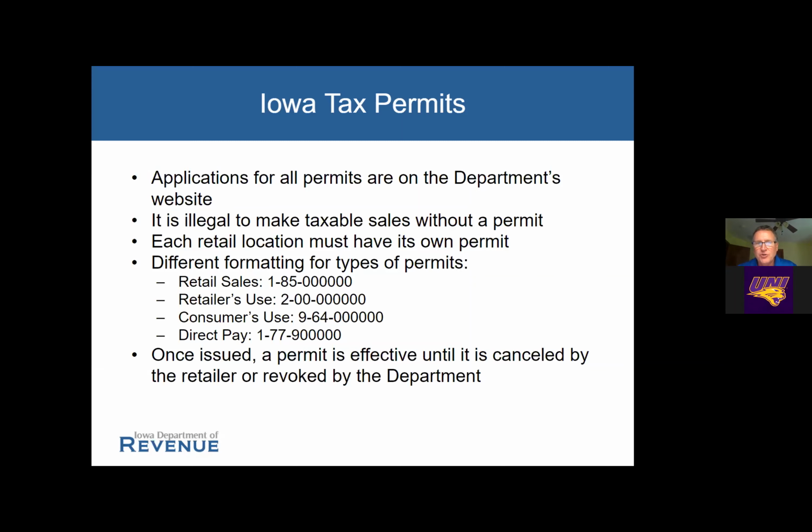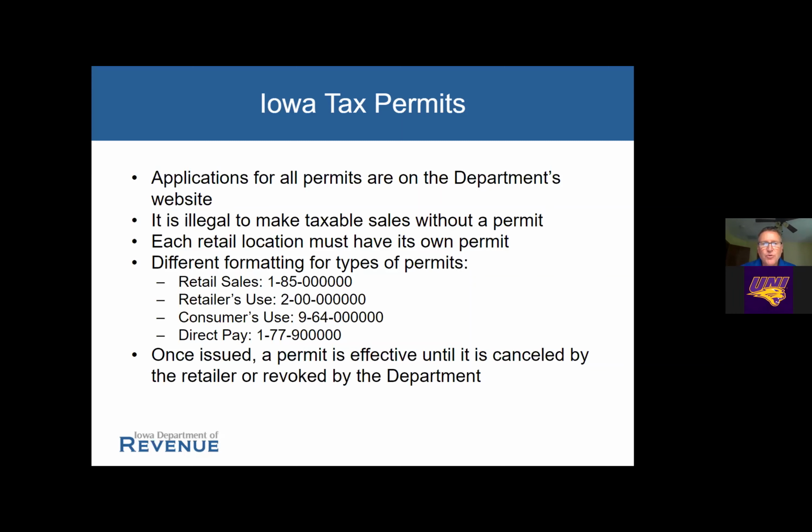Retail use tax, which we talked about a couple slides ago, would normally be an out-of-state business that does not meet our physical or economic nexus requirements. They would get a permit with us, and it always starts with the number 2. 2 means retail use tax in the Iowa Department of Revenue world. Consumer's use tax, I'll expand on this more in just a little bit.